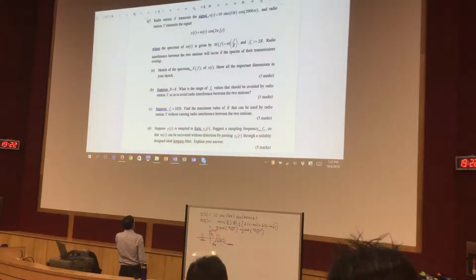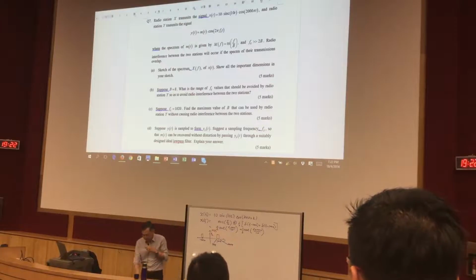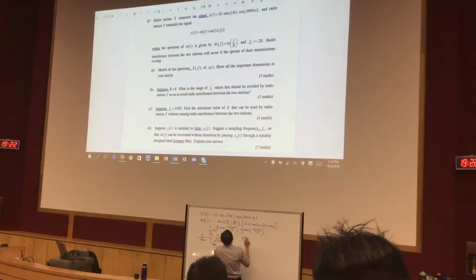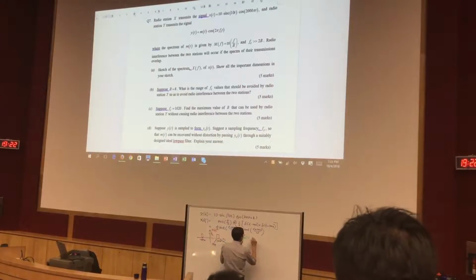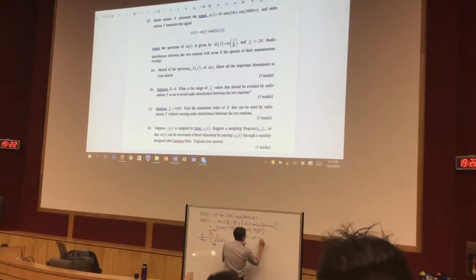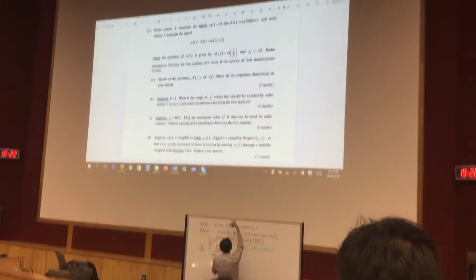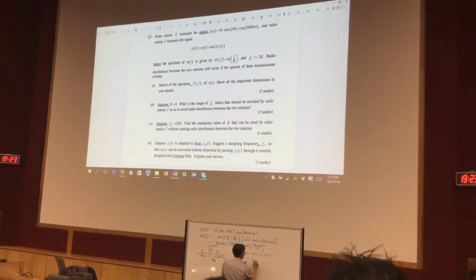Part 2 is you're told that B is that. So now let's look at Y. Okay, let me do a different color for Y. mt cos 2 pi fct. And of course, m is supposed to be tri. Okay, so this is tri.